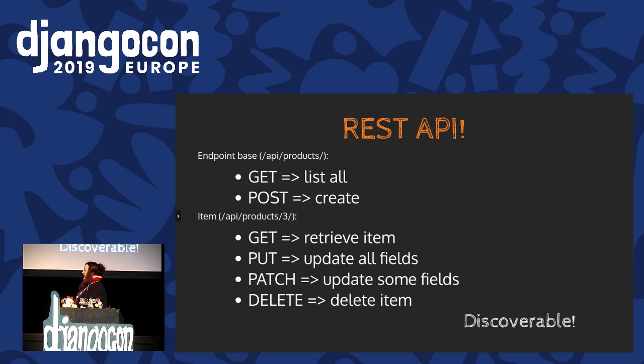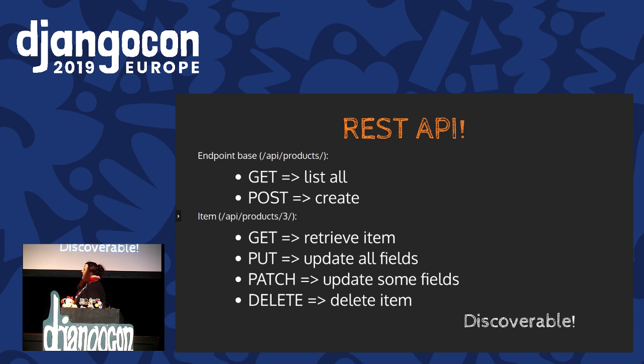Well, it's a set of views. One set for collections, where you can get and post. For example, here we have an endpoint for products. So /API/product, you can do a get call on that, and you will get a list of products. Or you can do a post call on that to create a new product.